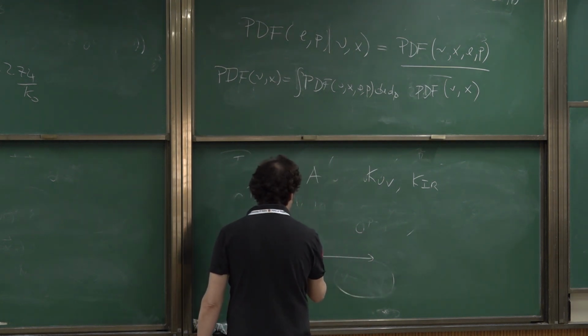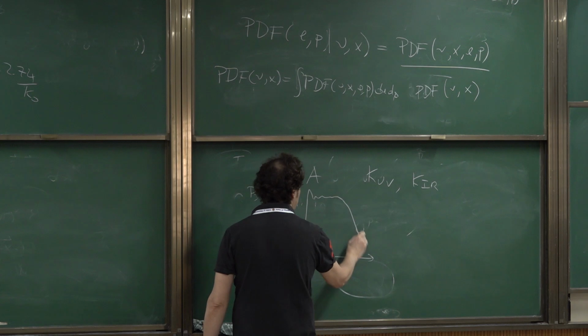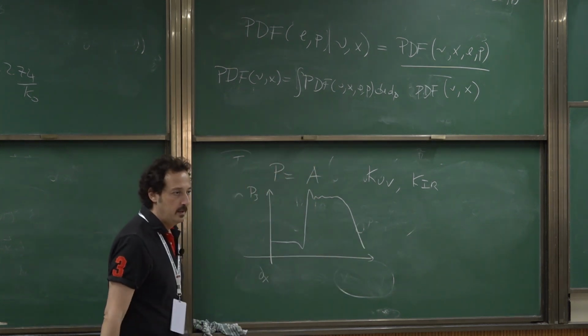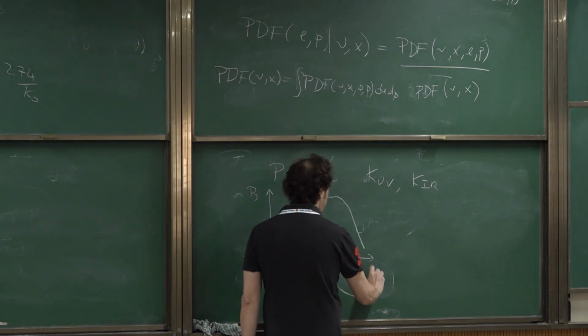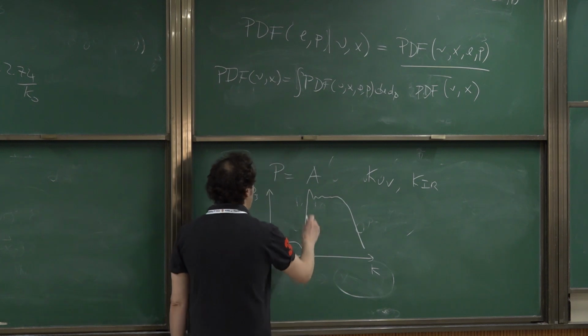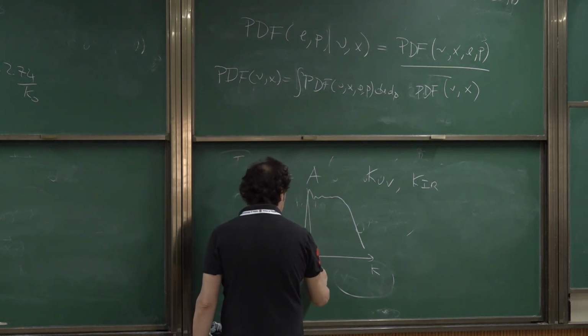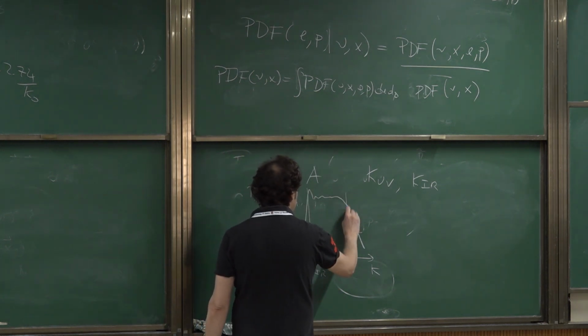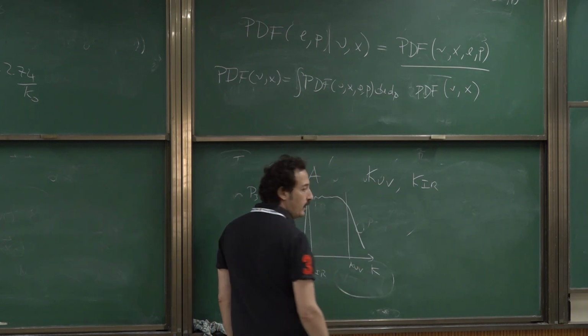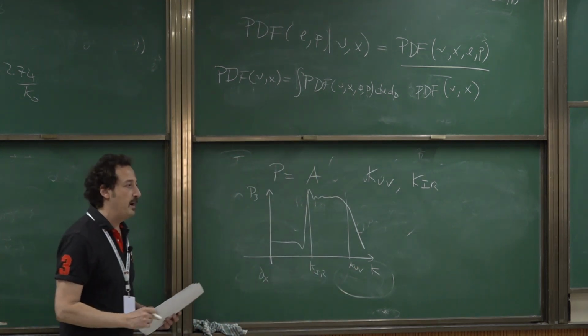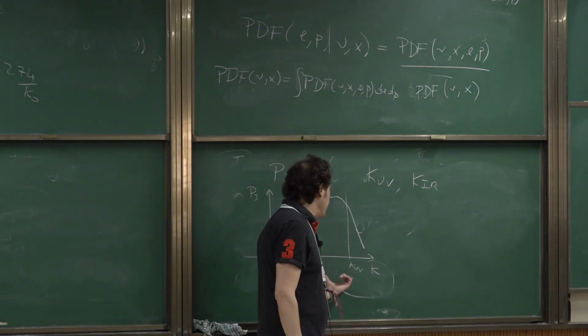It goes up and then does this and then goes down. So this is in k. Let me call this k infrared and this k UV. So if I have a broad power spectrum, then I have these two scales.